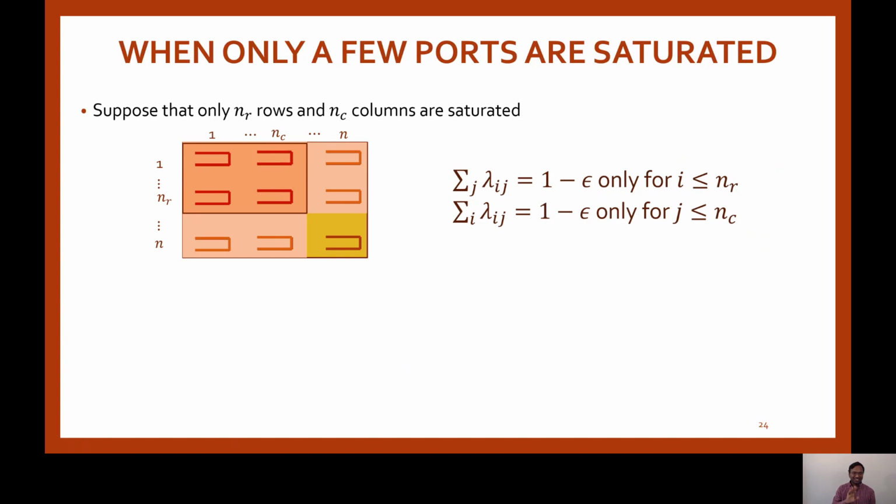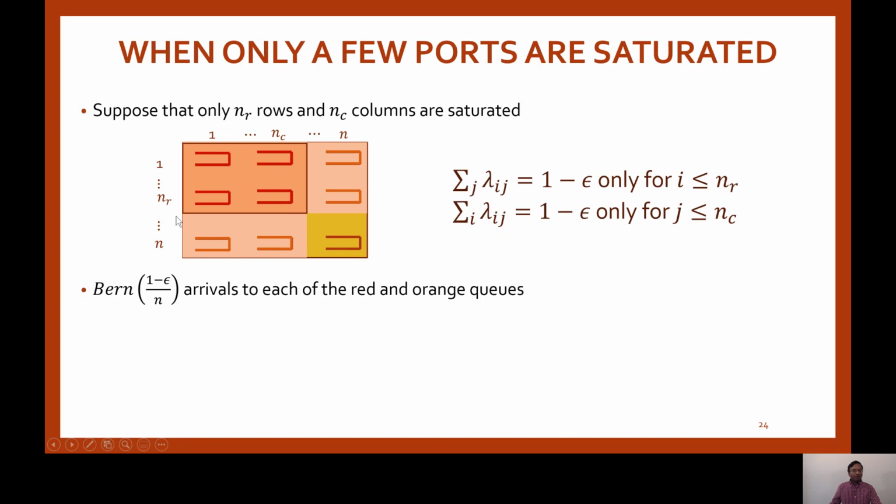Okay, so we have general results again for this setting for any general arrival. But for simplicity, let me state it in the case of a special Bernoulli uniform arrival. What I mean by uniform here is the arrival rate of all the red queues, these guys within the small square, and the orange guys, these guys.